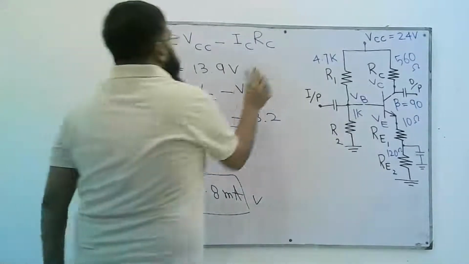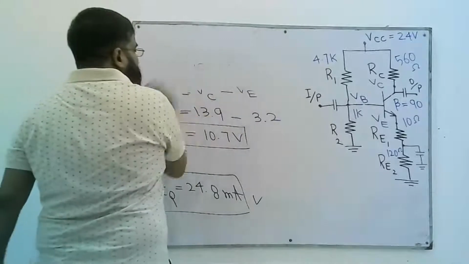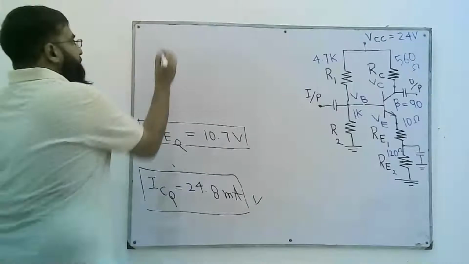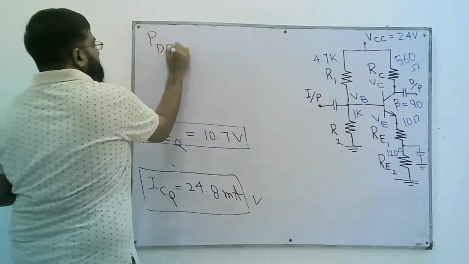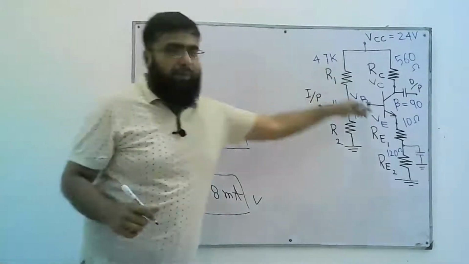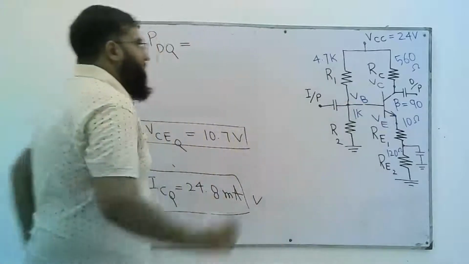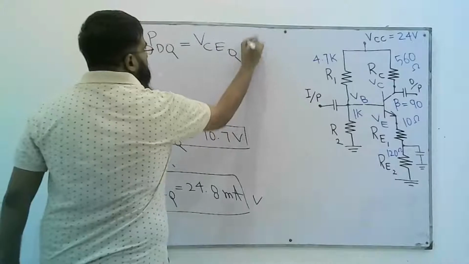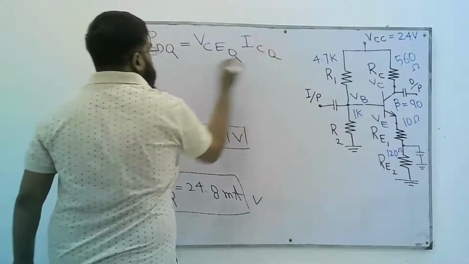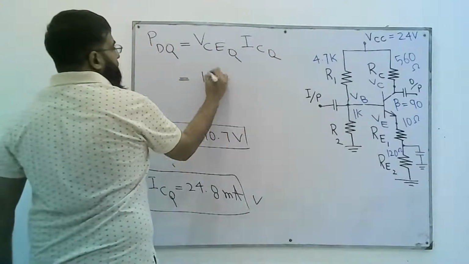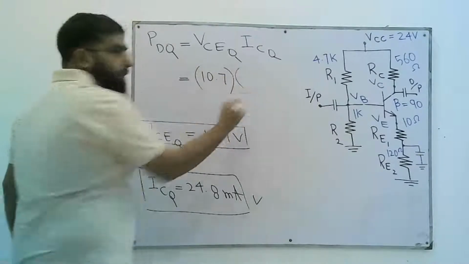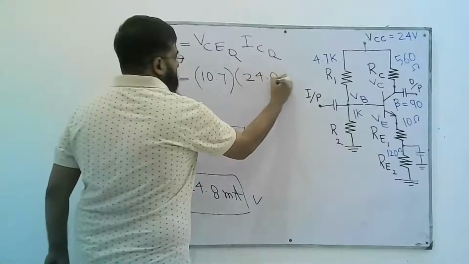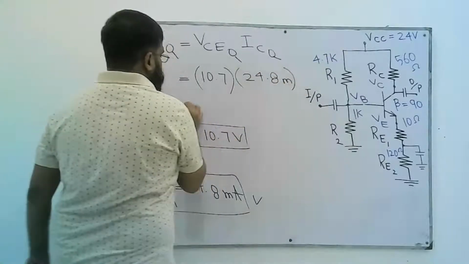So we are about to compute PDQ, the power rating of the transistor that we have to use as an amplifier for this application. PDQ is VCEQ times ICQ. This is 10.7 volts times ICQ, 24.8 milliamperes.